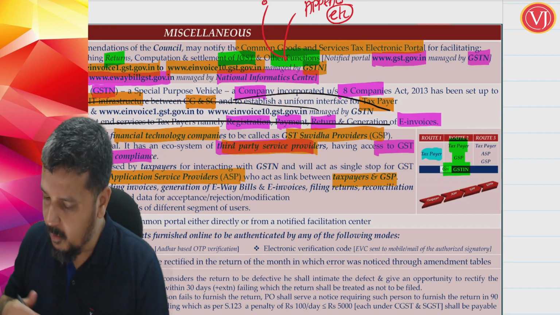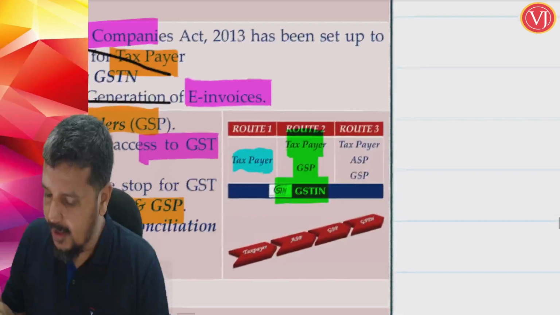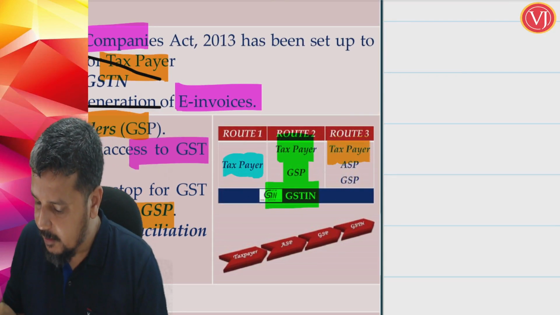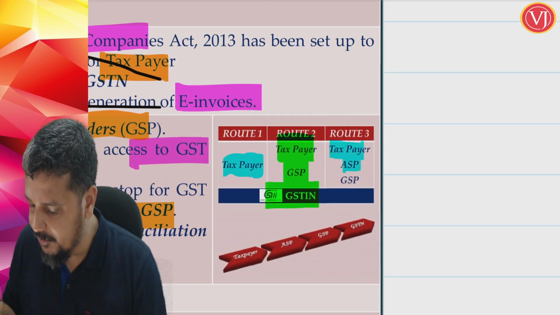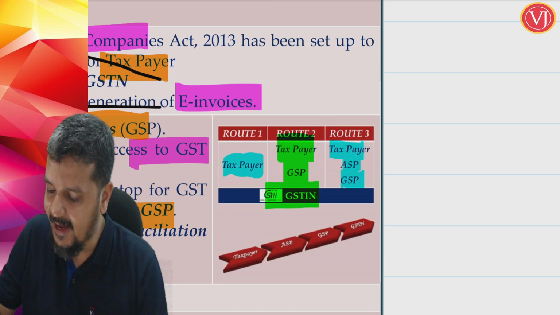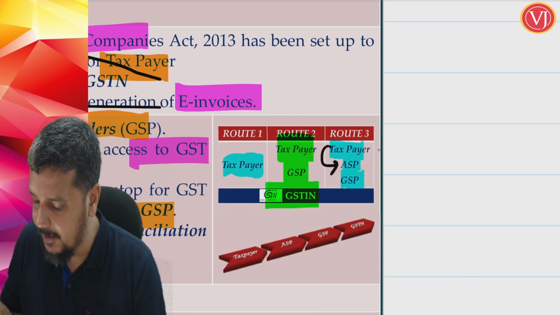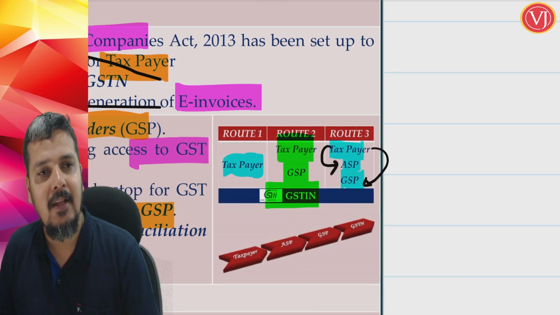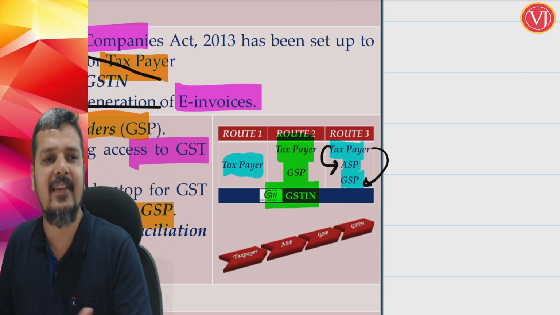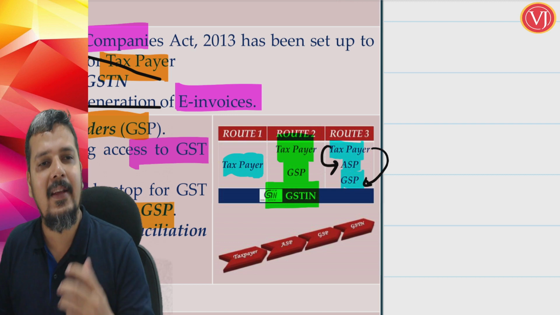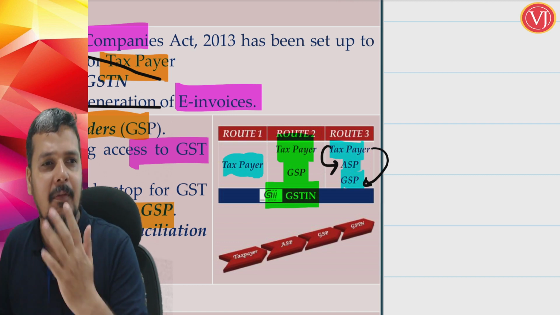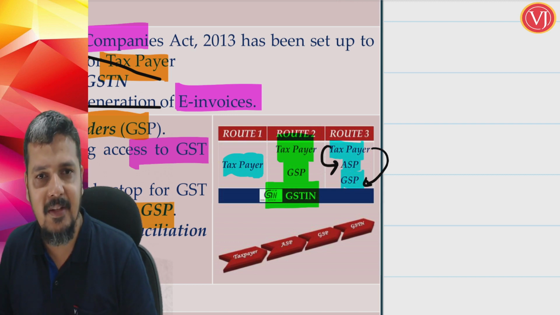So now you have a taxpayer who has certain information only on the ASP and certain information on the GSP. To give a very basic example, sales information is in the ASP, and all the other information, the purchases, expenses, capital goods, is there in the GSP.